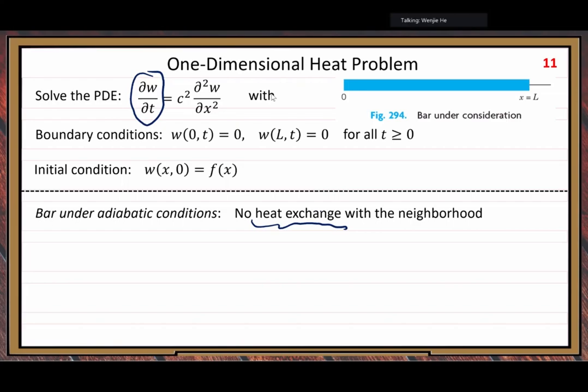Here, the function value equals 0 for the boundary condition.